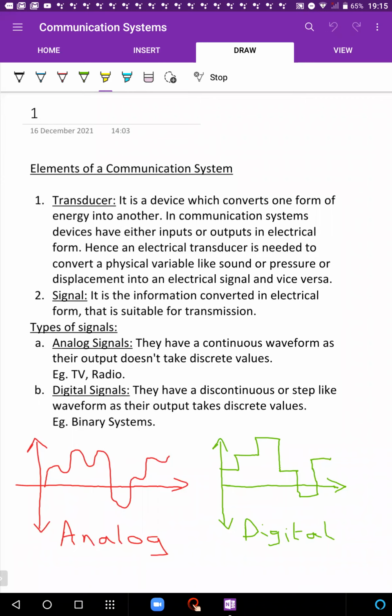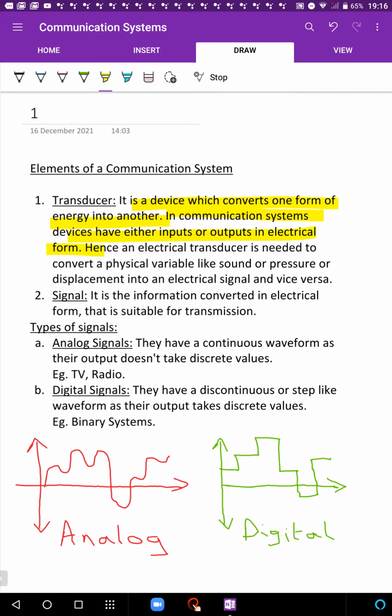Okay, so elements of a communication system, what goes into making this up? First, the first thing that we need is a transducer. The transducer is a device which converts energy from one form into another. In communication systems, devices have either inputs or outputs in electrical form.